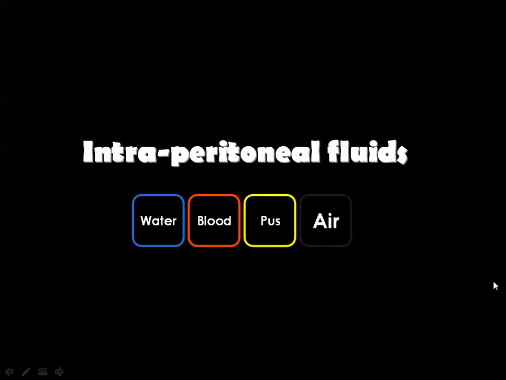Then intraperitoneal fluids will include simple fluid like ascites, blood, hemoperitoneum, pus, peritonitis, and also we will say some words about intraperitoneal air or the pneumoperitoneum.